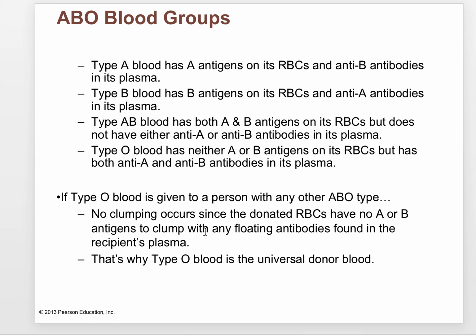That's why type O blood is a universal donor. Since it doesn't have antigens, it's not going to react with the recipient's antibodies.